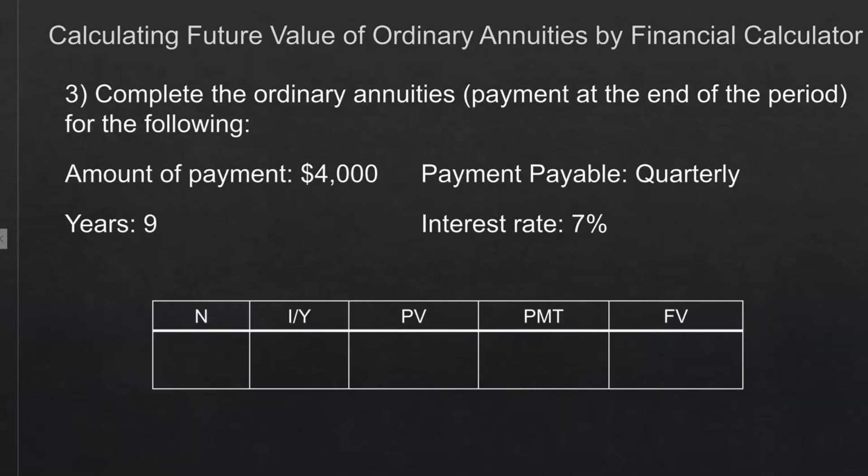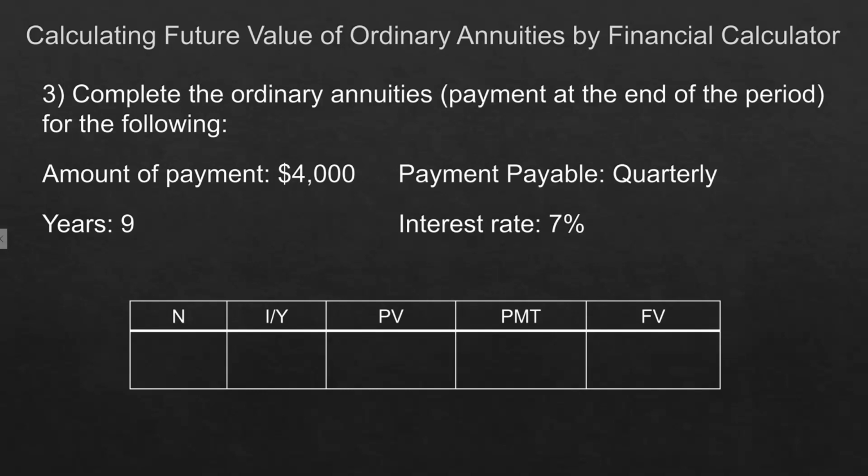Okay. Here's the next one. We're back to the end. So to get it out of begin mode, you press second begin, second set, and now we'll be in end mode. Now when it's in end mode, it doesn't say anything on your screen, so you just know it's in end mode because it doesn't say BGN on your calculator.